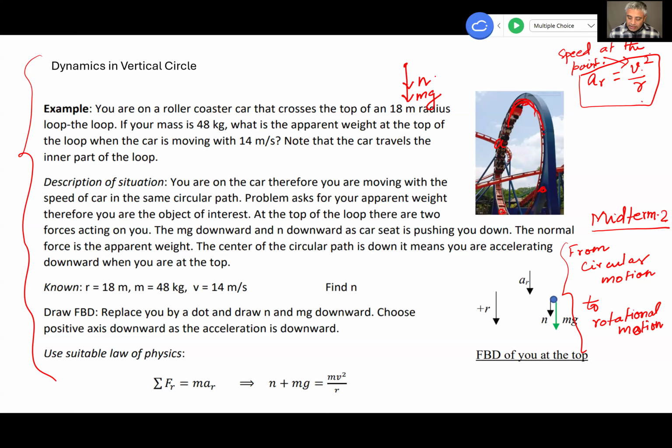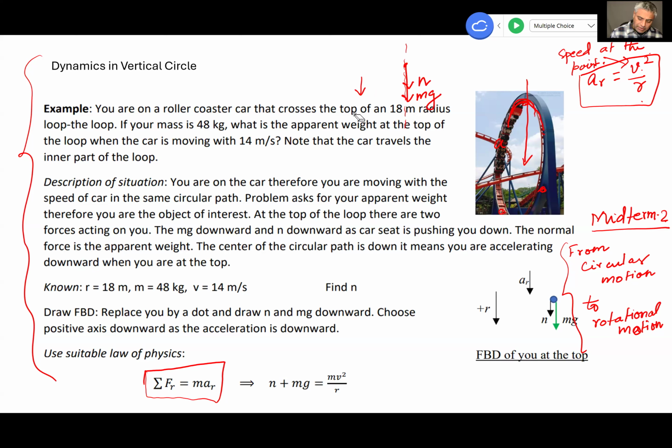So that is the free body diagram. And we are planning to use Newton's second law in the radial direction. So that means we need to define what the radial direction is. And that is towards the center of the circle. So in this case, see, the center is in that direction. So that means we can say, okay, that is the r axis.